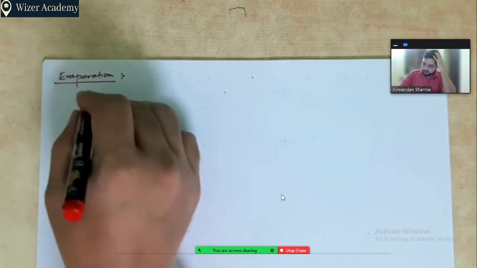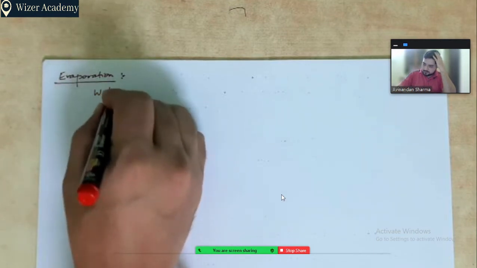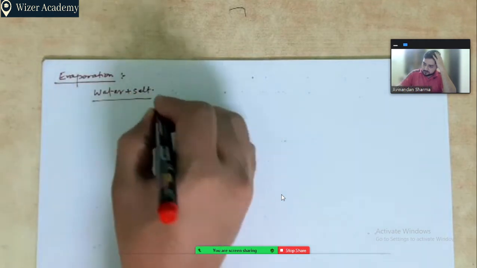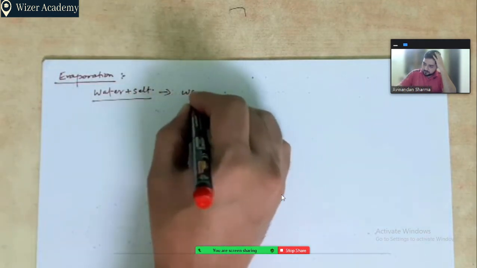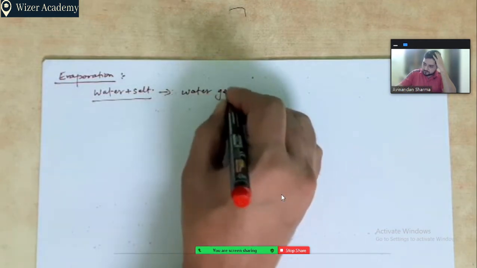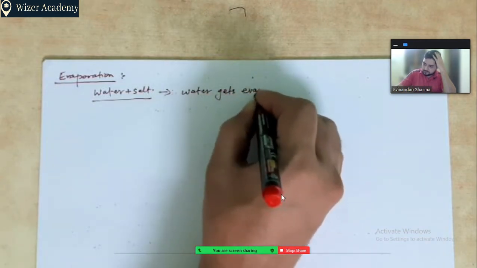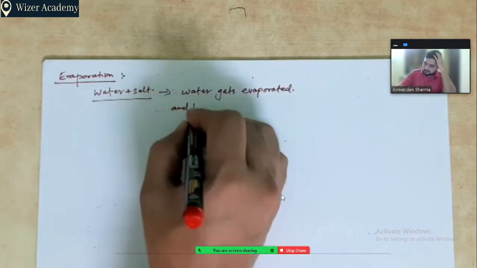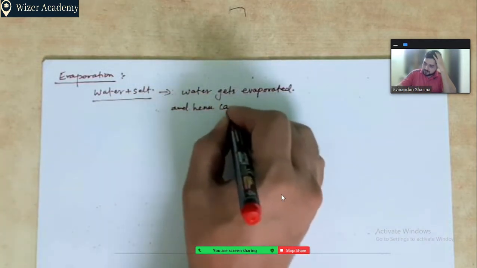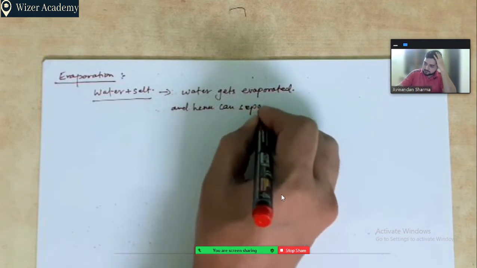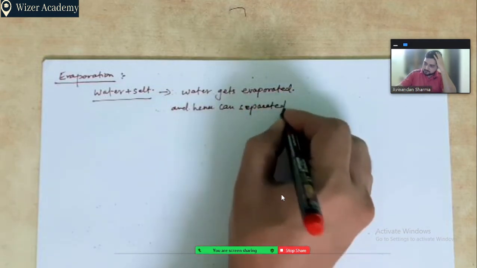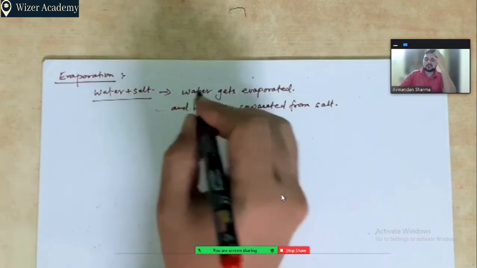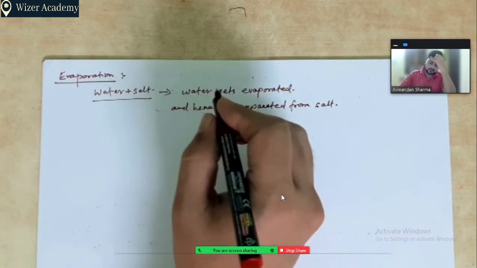For example, if we take water plus salt, the water gets evaporated and hence can be separated from salt. This is the process by which the salt is extracted from the sea water.